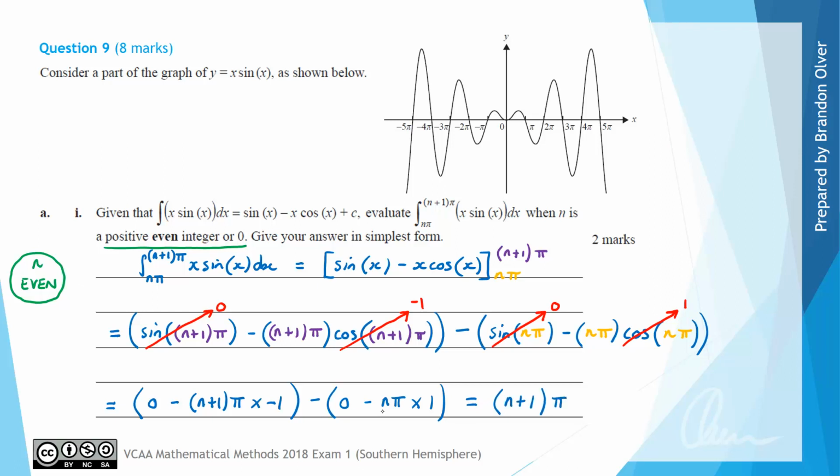And then in the second bracket we have negative n pi with another negative here gives positive n pi. And that can then be simplified to 2n pi plus pi. And that was found by expanding those brackets. So that's a simplified form for this question.